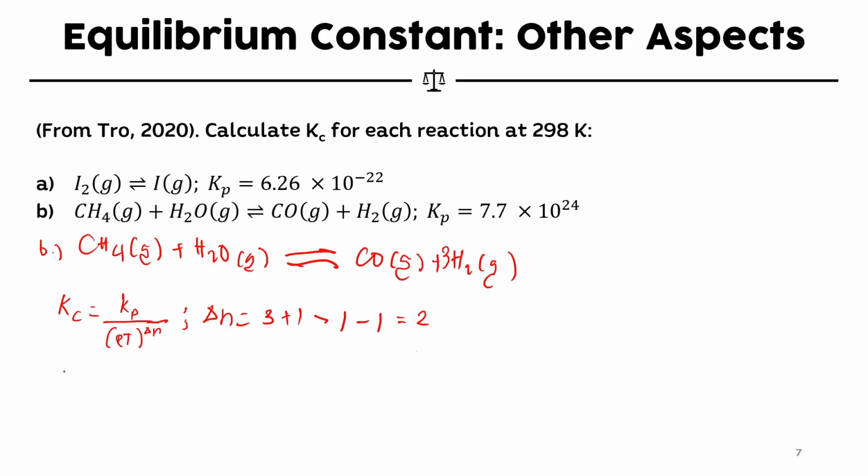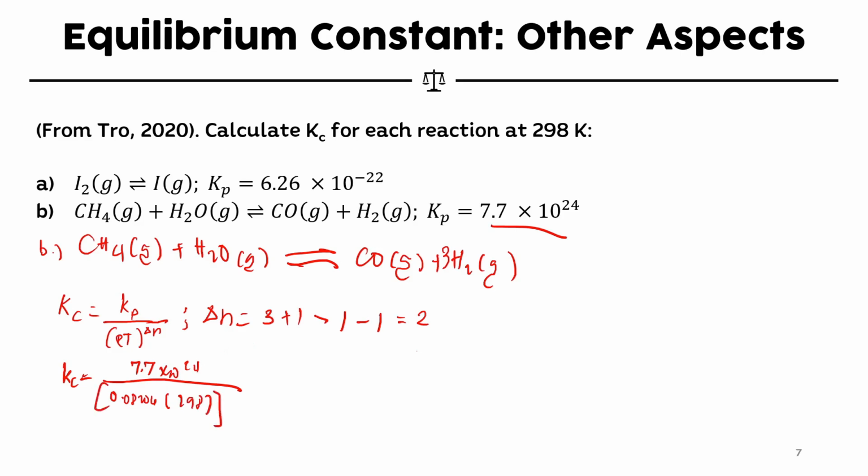Therefore, our Kc is equal to, we substitute now our values, which is 7.7 times 10 to the 24th divided by 0.08206 multiplied by our temperature, which is 298 Kelvin.